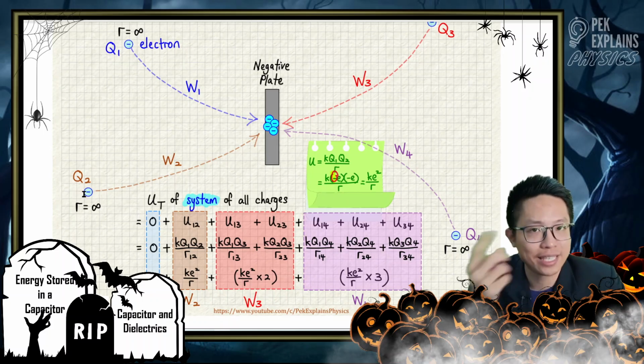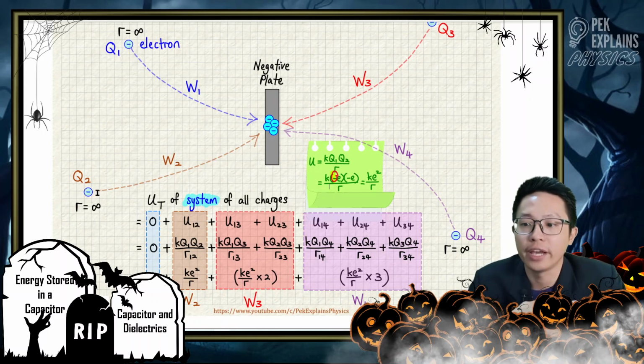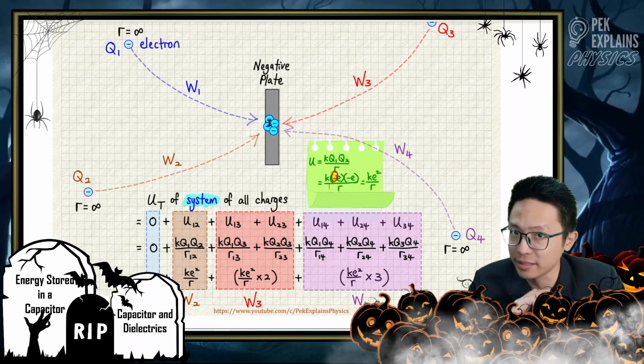The second electron will experience the repulsive force from the first electron, so some work needs to be done to overcome the repulsive force.